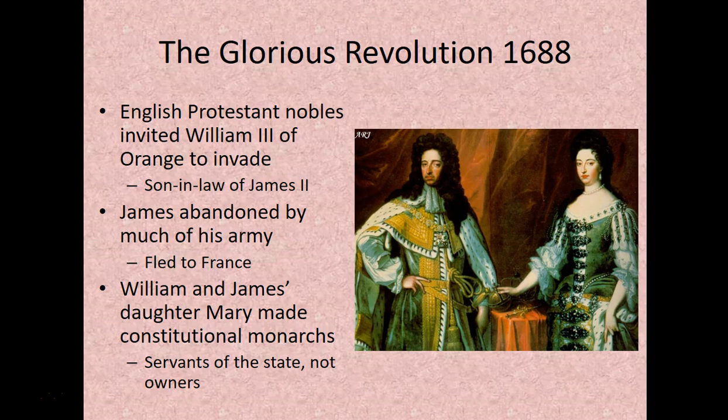And in doing so, they agree to let Parliament have a very large say in the government and in the ruling of England. And this is a major step into how England develops its monarchy and how it becomes what it is today, the constitutional monarchy. This is the start of that constitutional monarch system.